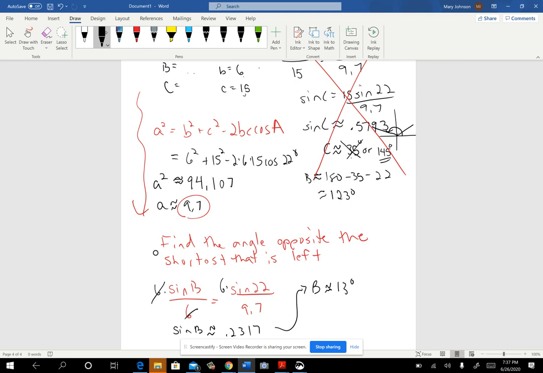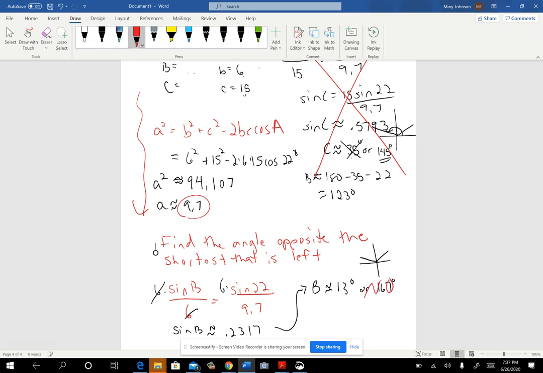Okay, and so you might be thinking, yeah, but there's an angle over here, 180 minus 13, that could be the answer. Okay, you might be thinking that, but no, can't be this.